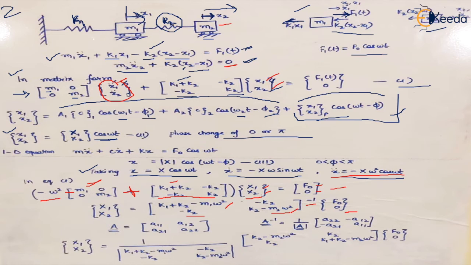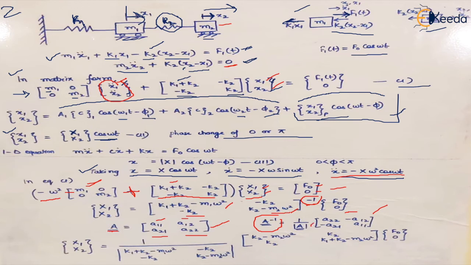Now if we say that this is some matrix, it can be written in this form. These are showing the rows and columns: a11, a12, a21, a22. And because this is showing the inverse, if I want to find the inverse of this, what will it be? This is the adjugate and this is the determinant, right?